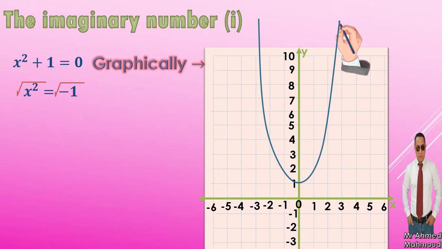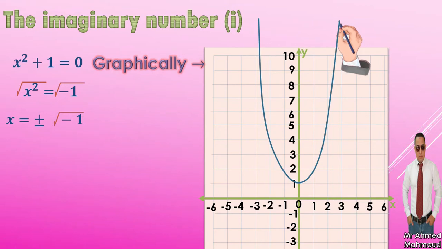Okay, this is the use of the imaginary number. What is the imaginary number? We let root negative 1 be called I. So this is the solving for this equation.